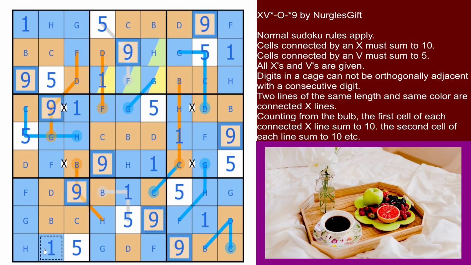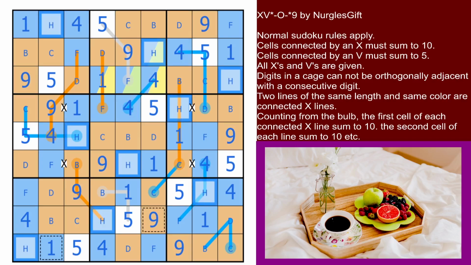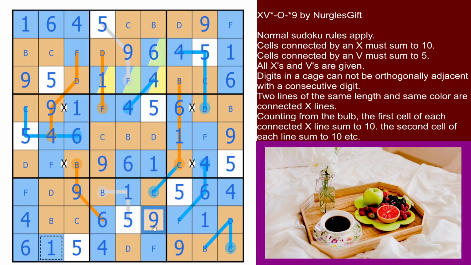Now, E's partner? E's partner is G, right? So G is 4. H is 6. Now what? C cannot be 8, right? C has to be 7 now, isn't it? No. What did I say?